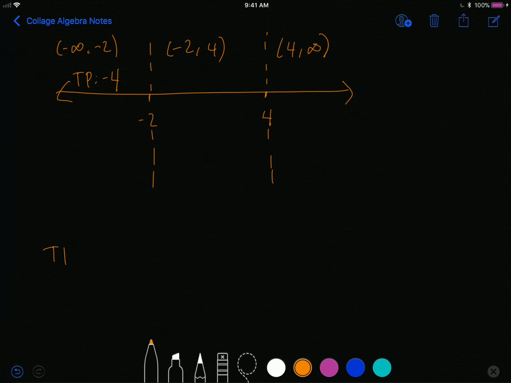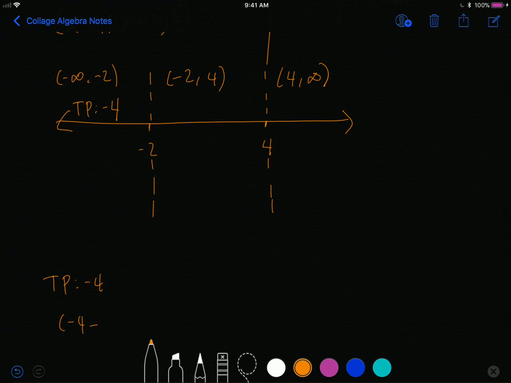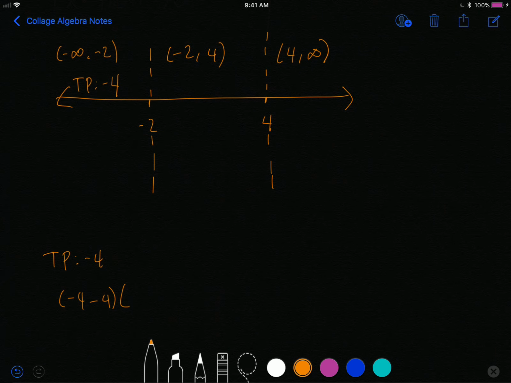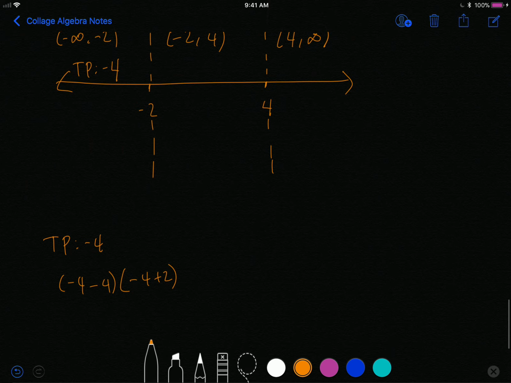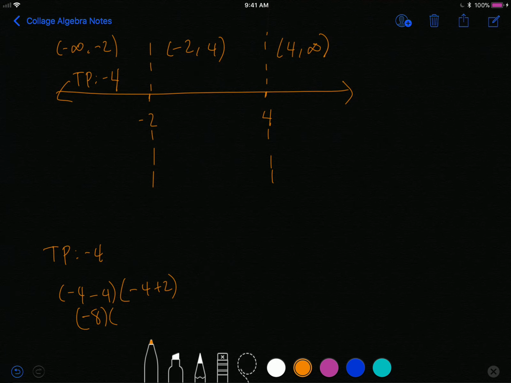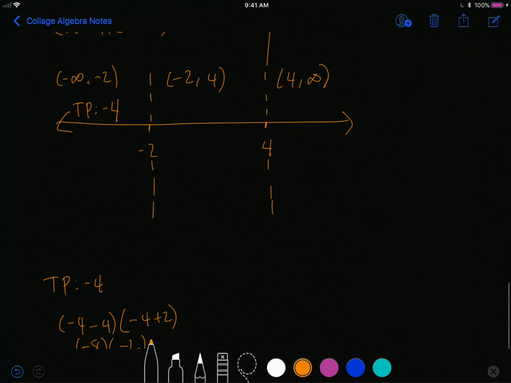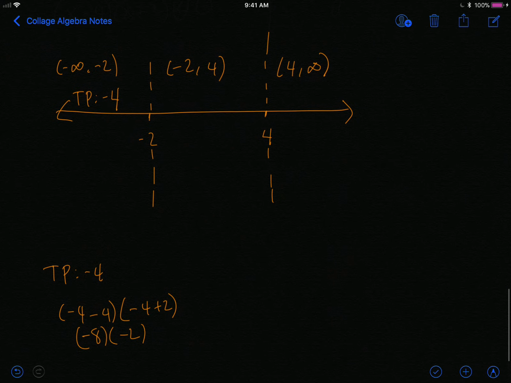So for my test point of negative 4, I'm going to get negative 4 minus 4 multiplied by negative 4 plus 2, and that gives me negative 8 times negative 2, which is positive 16. That tells me that this region is a positive region, a plus region right here. Another way of thinking about this is that in this region, the graph is above the x-axis.